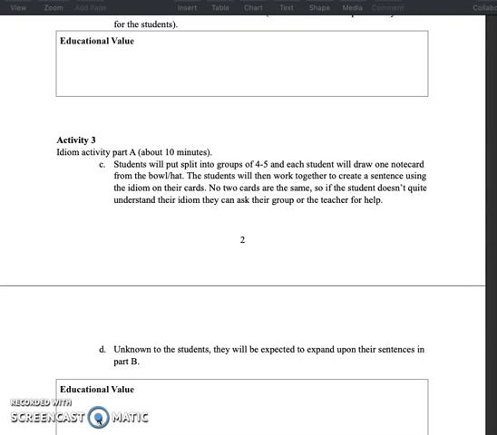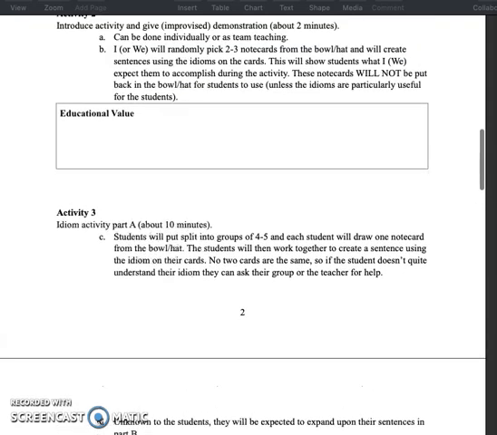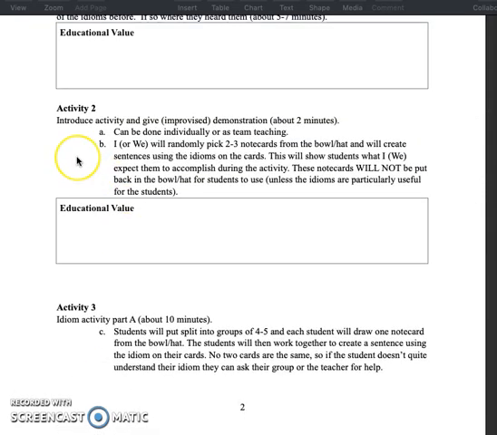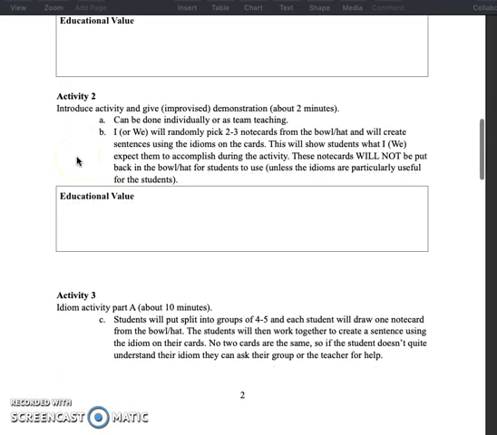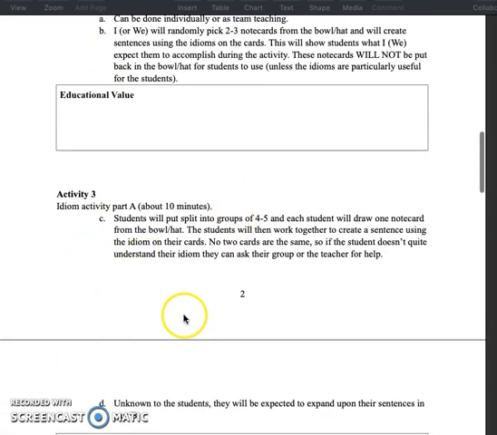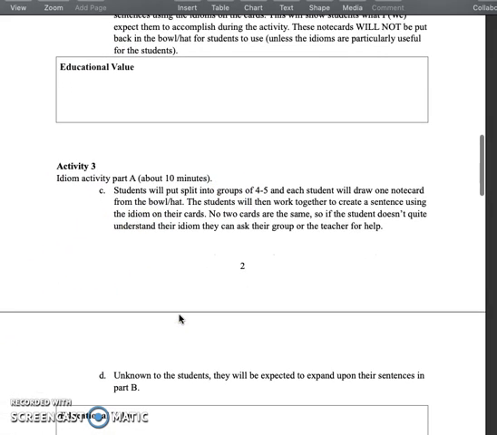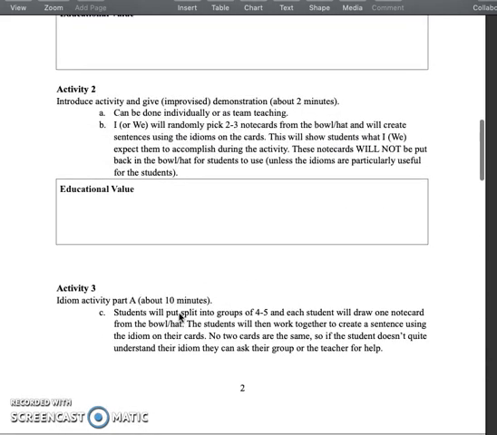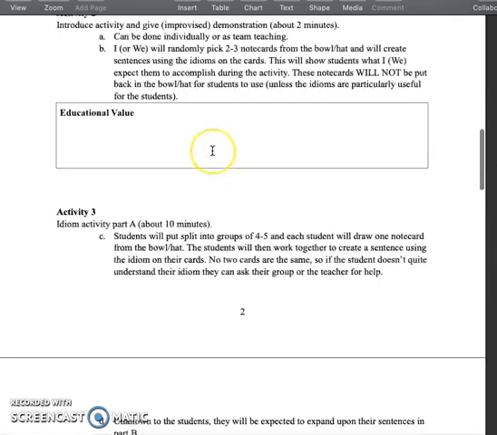They start working out as groups, and then if they don't understand their idiom, they can ask the teacher for help. And then the second activity I would move to the third activity.